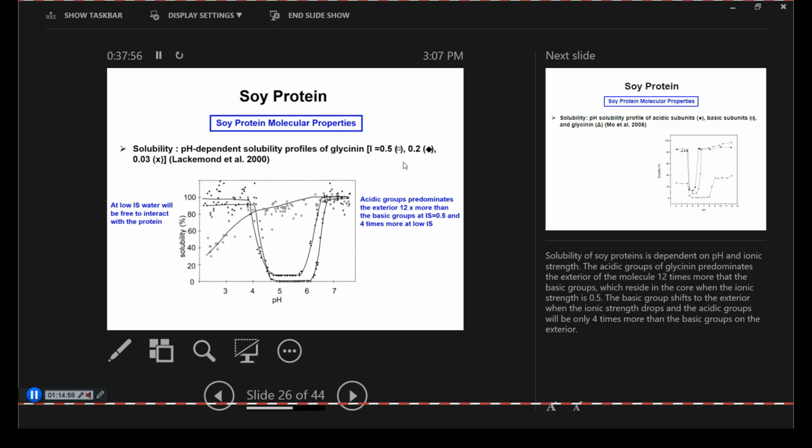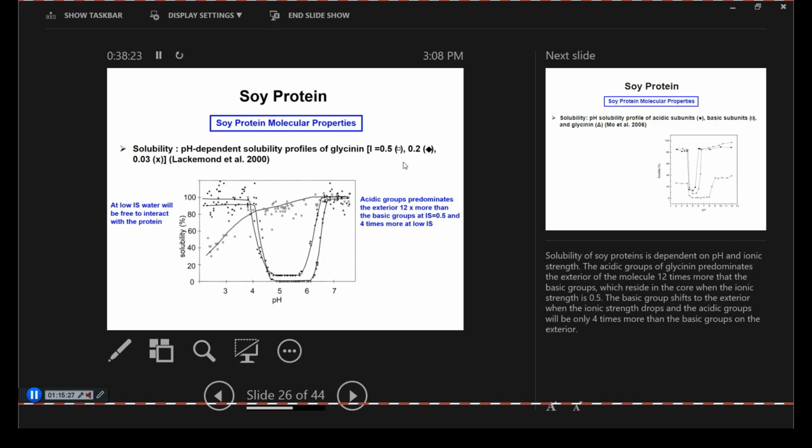So the basic groups or subunits are within the interior of the structure, whereas the acidic subunits are on the exterior, under ionic strength of 0.5. With that in mind, we can look at the curve and say, okay, the square is when we have ionic strength of 0.5.